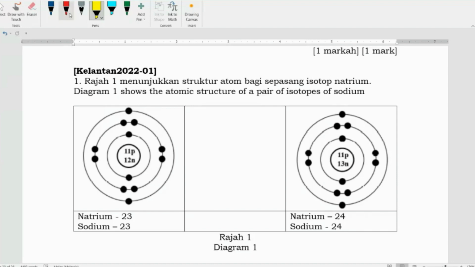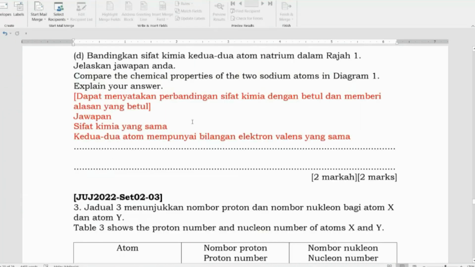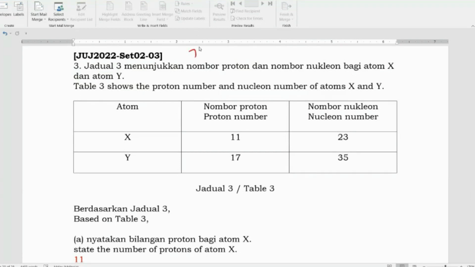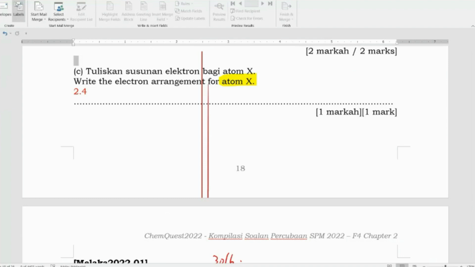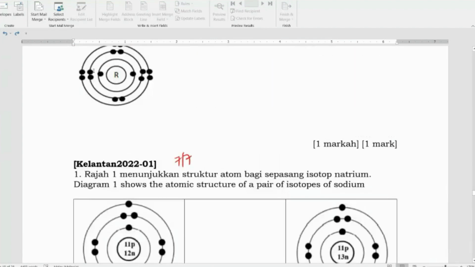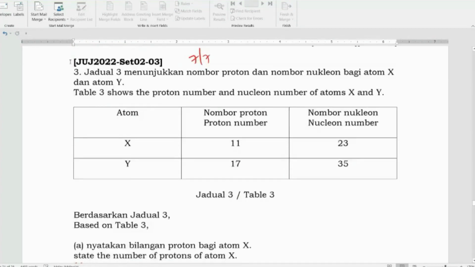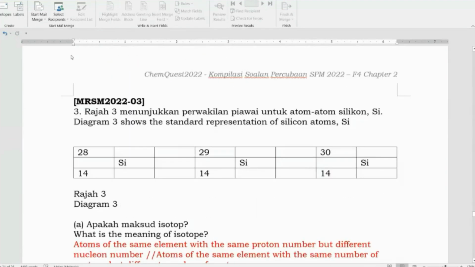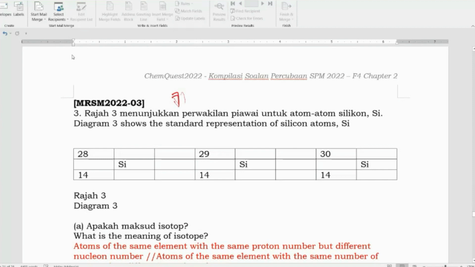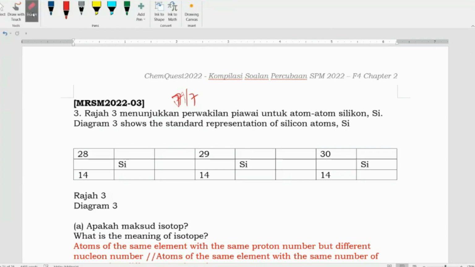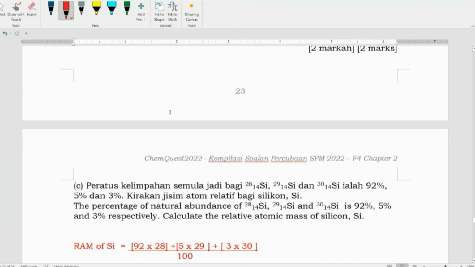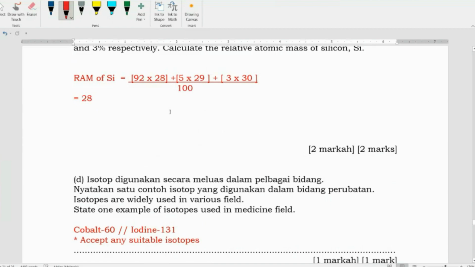So homework, this one, then this one also. 3 questions. You try these 3 questions. So we meet again next week.